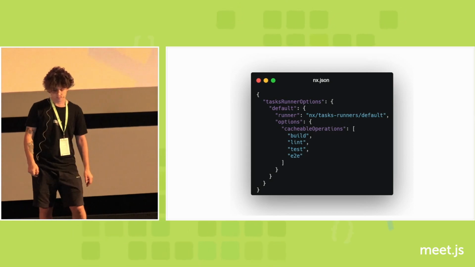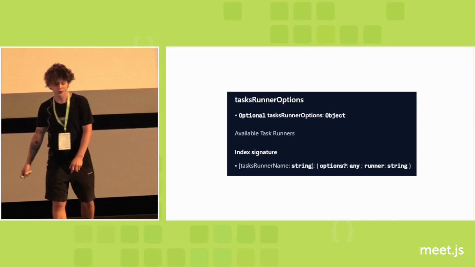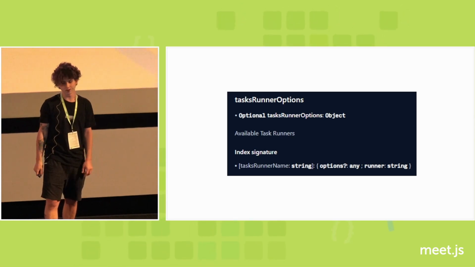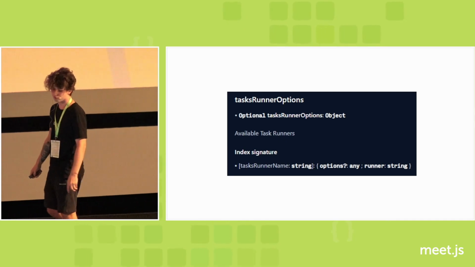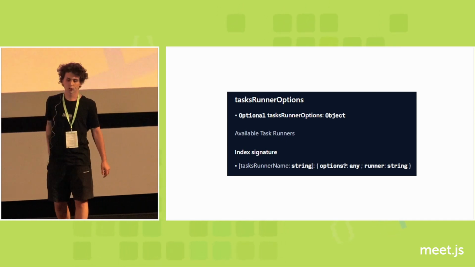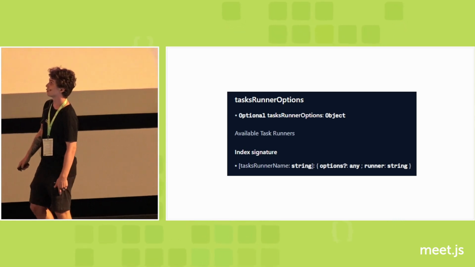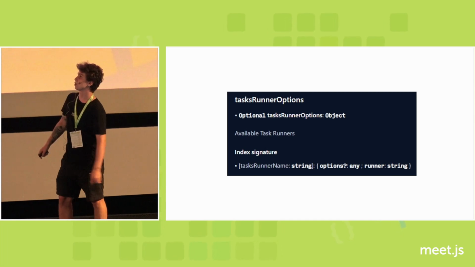build it faster. And this slide is crucial, because if you attempt to search for information about task runner options, you will come across two links. The first one is a description of task runner options.